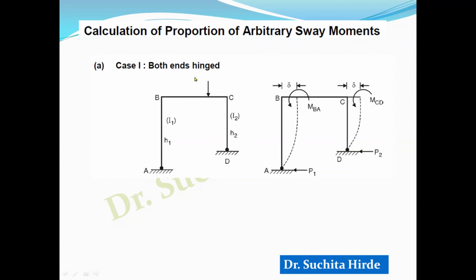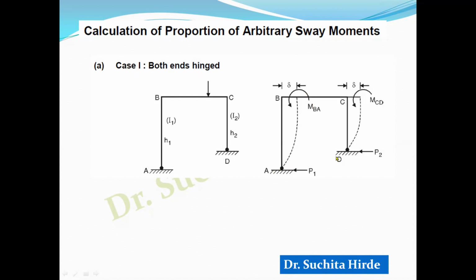When both ends are hinged, moments are developed at the top of the column only. No moments are developed at the hinge support. So in this case, moments are developed at BA and CD. BA means moment developed at B whose far end is A, and moment CD.